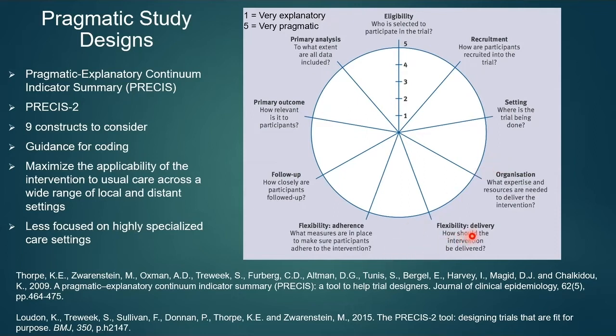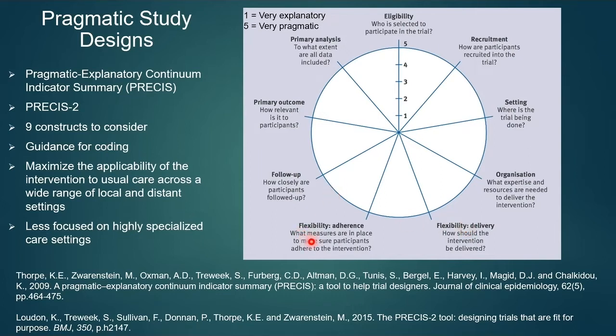Flexibility of the delivery, and this has to do with, again, adaptation. In a very explanatory type of trial, there would be very strict protocols for how the trial would be conducted. There would be no opportunity for the deliverers of the intervention to adapt it to suit the context and needs of the various stakeholders in the intervention setting.